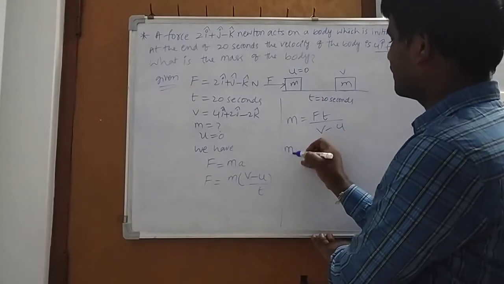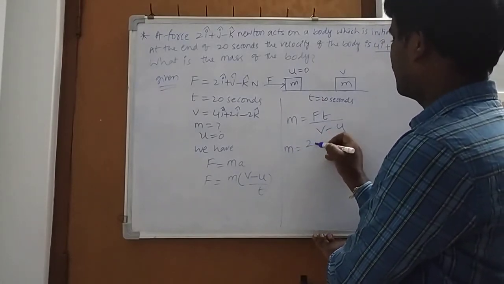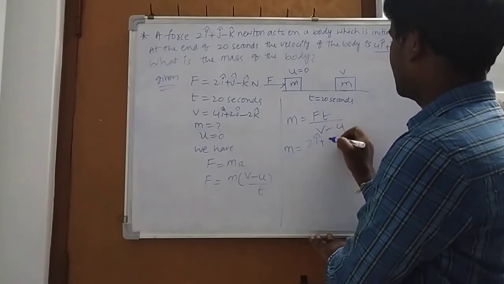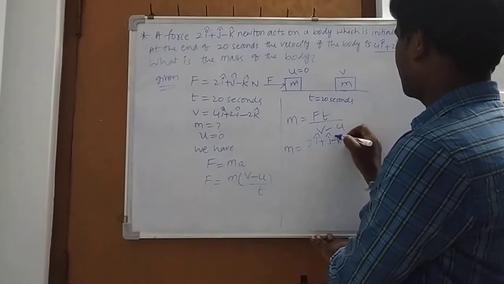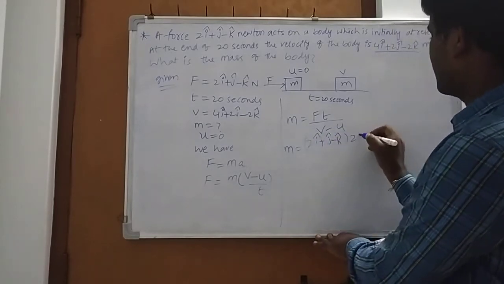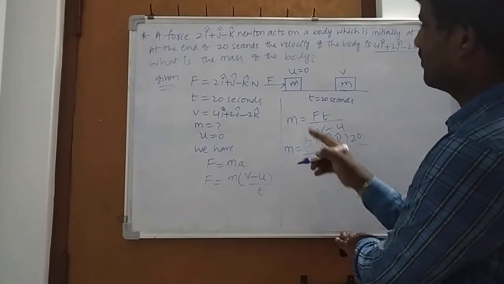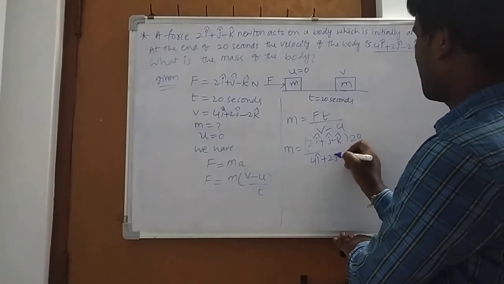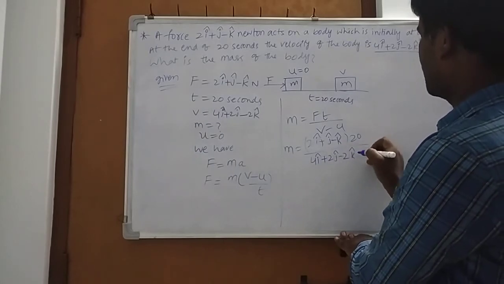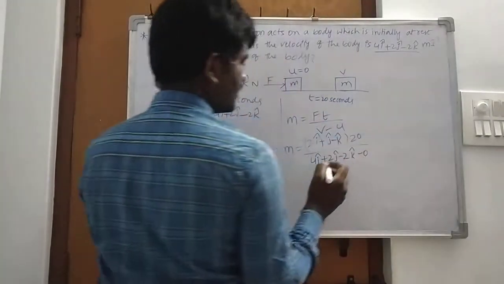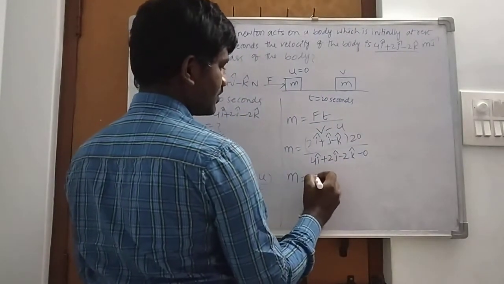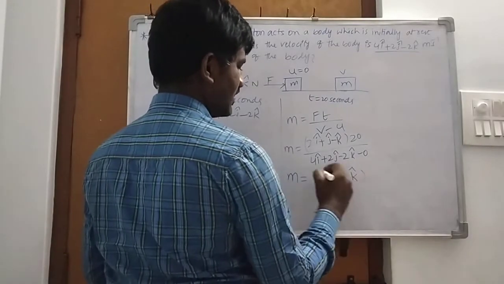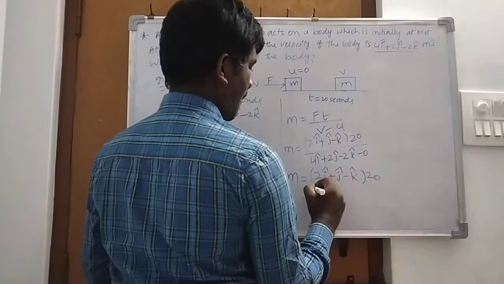That is m is equal to, what is F? 2i plus j minus k into t. t is 20. What is V? V is 4i plus 2j minus 2k minus 0. U is 0. m is equal to 2i plus j minus k into 20 by this.